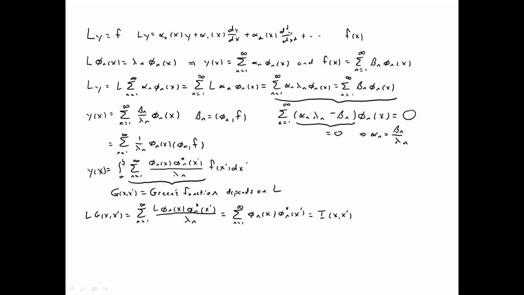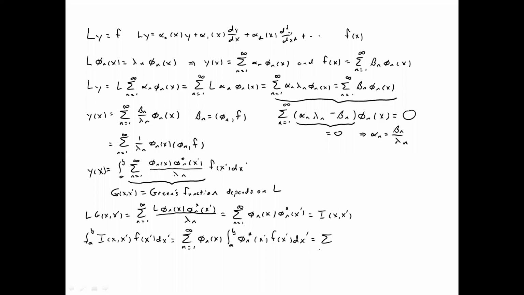Now, what is useful about that is that if we do an integral from a to b of I(x, x prime) f of x prime, then this is going to be the sum from n equals 1 to infinity of phi n of x, integral from a to b of phi n star of x prime, f of x prime, dx prime.